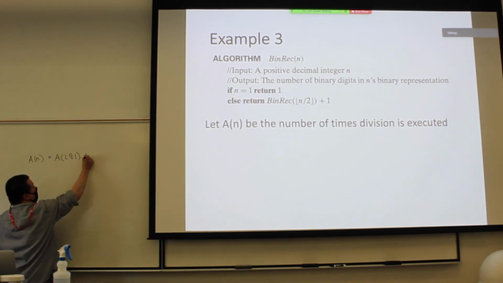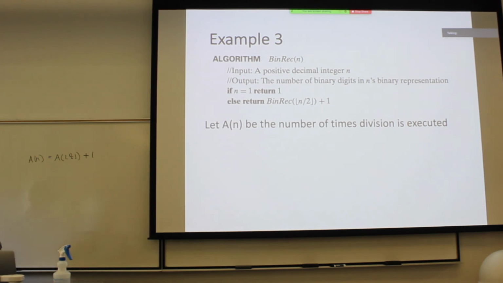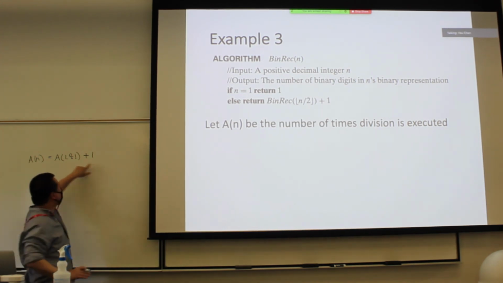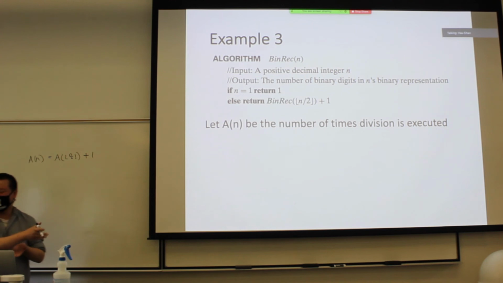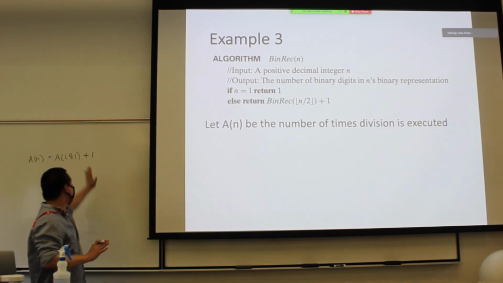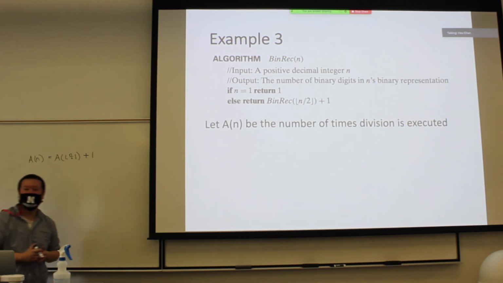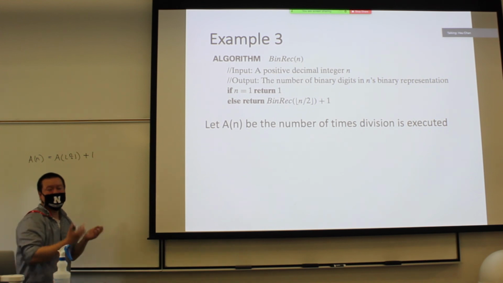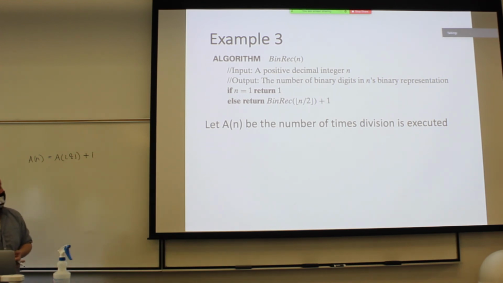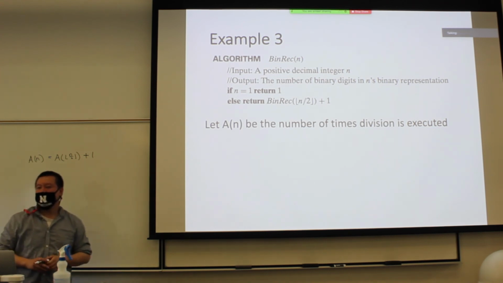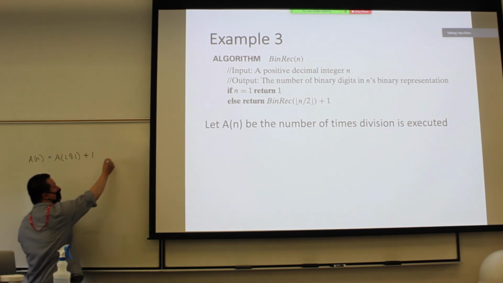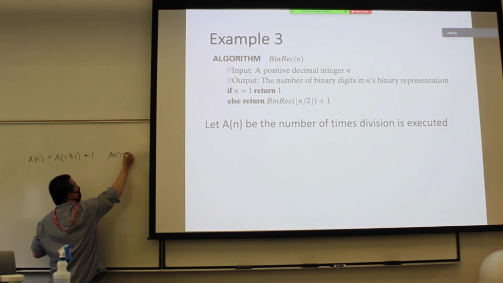So it'd be like this one. Again, if you don't know how to construct this, it's okay because we're going to go over that later on in the class. I'm just using this example to demonstrate that we can construct a recurrence relation out of this in solving for the running time. And the base case would be a of 1 equals 0, because we don't do anything.